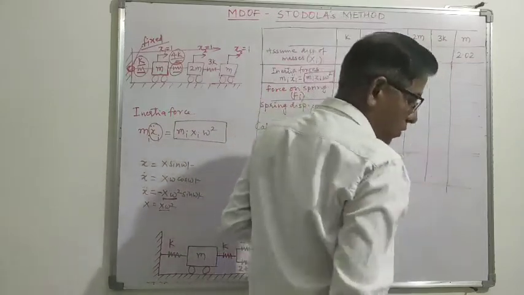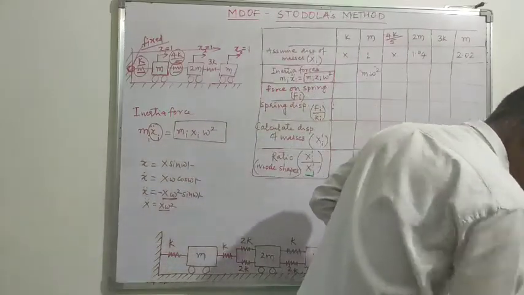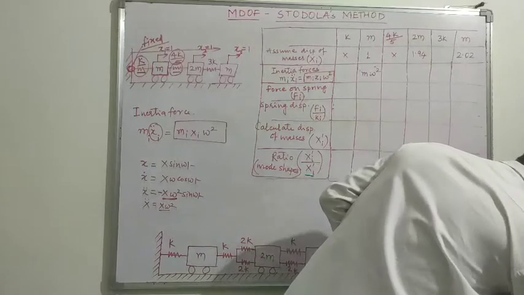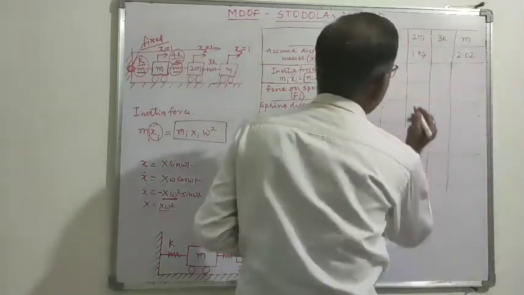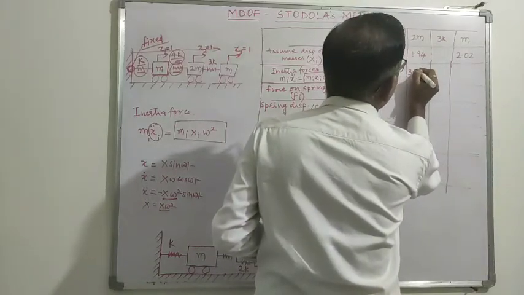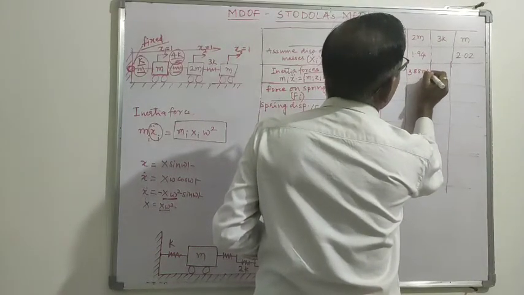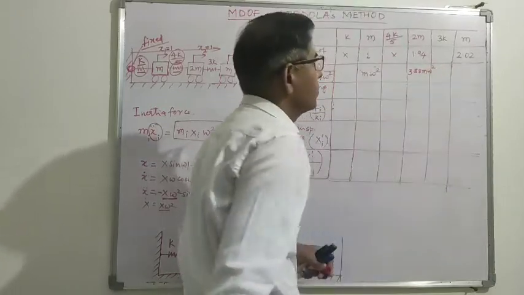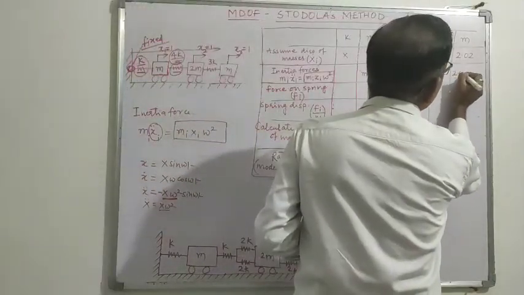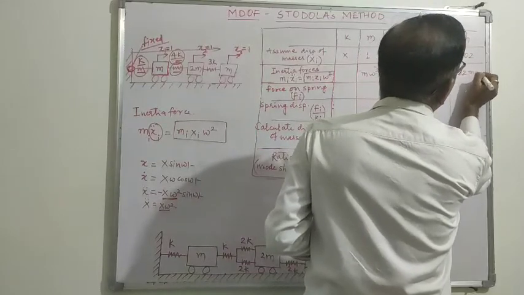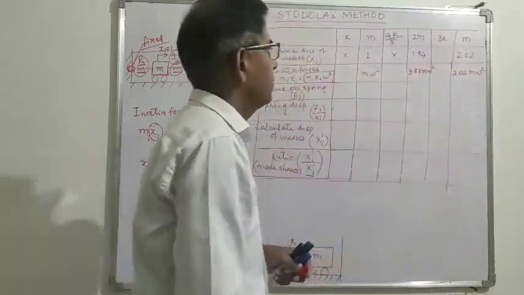So 2 into 1.94 will give 3.88. So this becomes 3.88 m omega square. And here it is 2.02 m omega square.